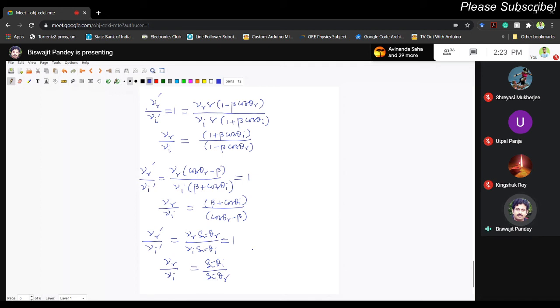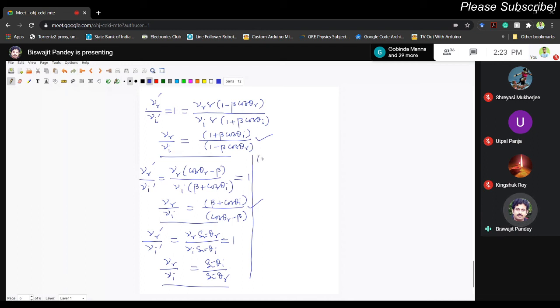And that is not difficult, because all you need to do is equate, since these are the same quantity, nu r by nu I. We have calculated them repeatedly. If you look at this equation, this equation and this equation, all are the ratio of nu r by nu I. So if we equate this one with this one, what do I get?